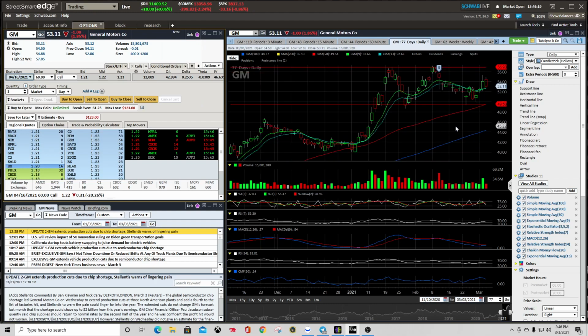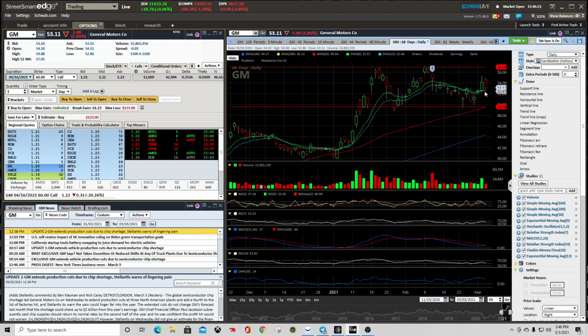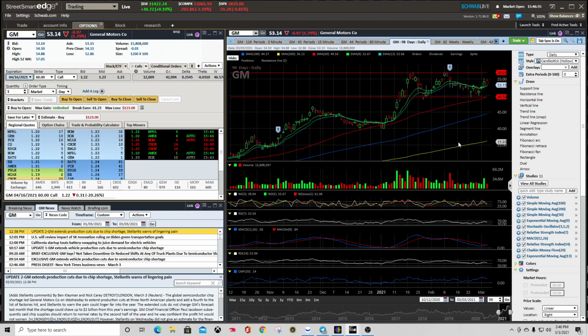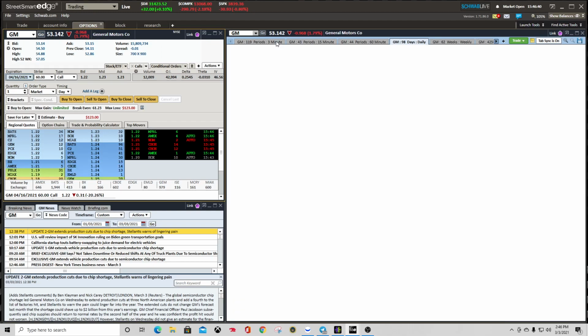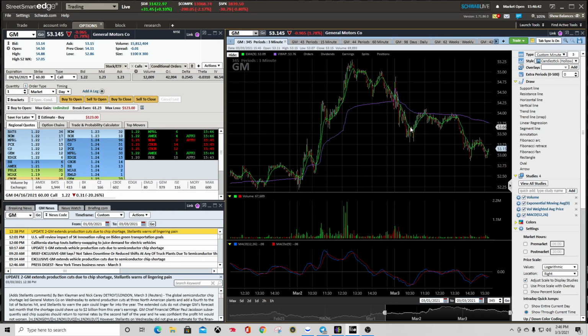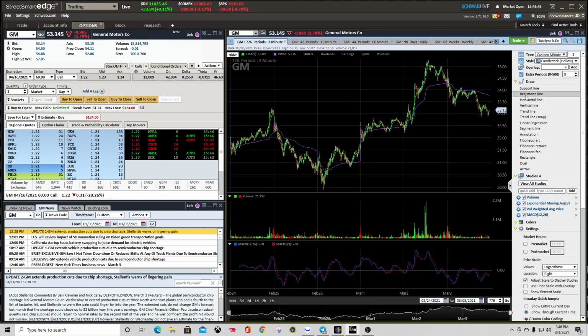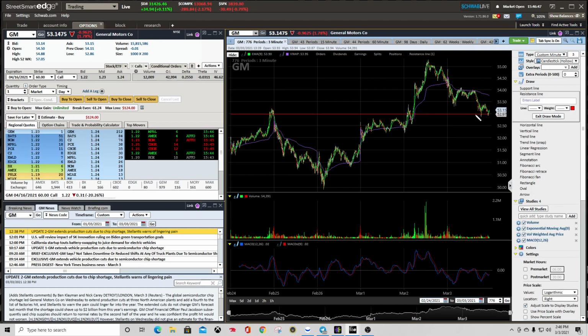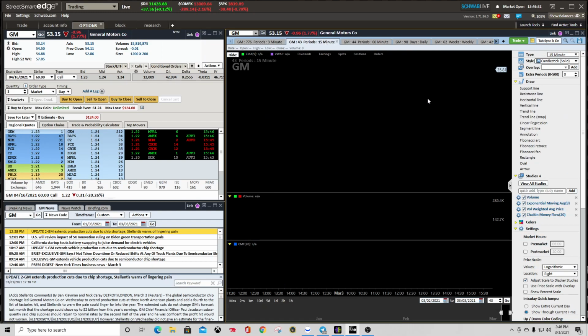So yeah, I think this GM has potential to move up higher. I mean, it's pulling back, but it's pulling back on lower volume. Man, I'm even tempted to take that. Let's see. Holding support there at the $53 level.